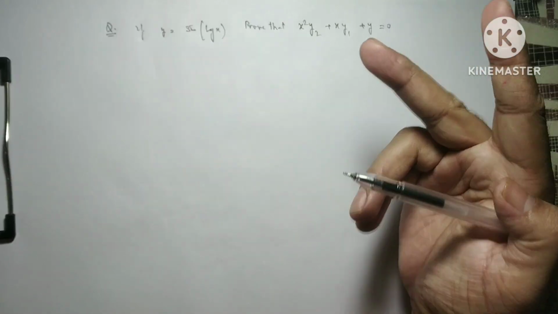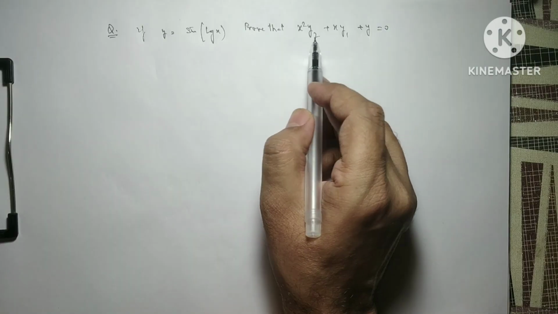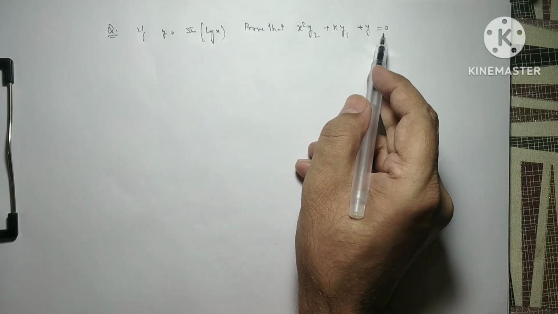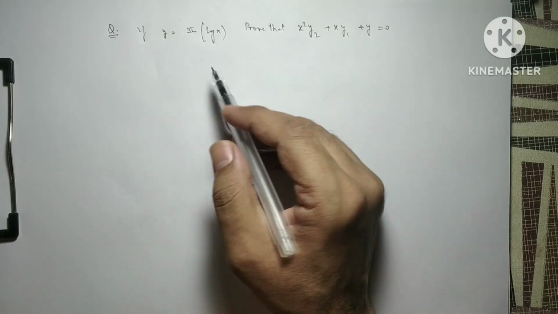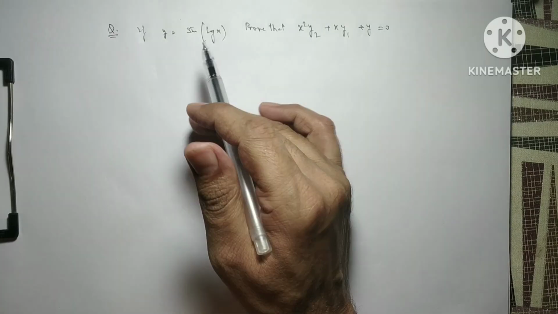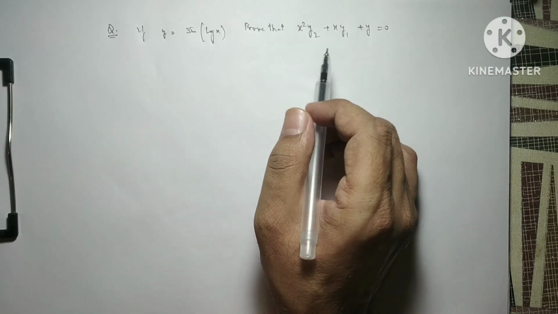Okay, so you have two options: either put the values of y, y1 and y2 on the left hand side and prove 0, right? And the second one is to manipulate this with some operations. So after applying some operations you get this expression.